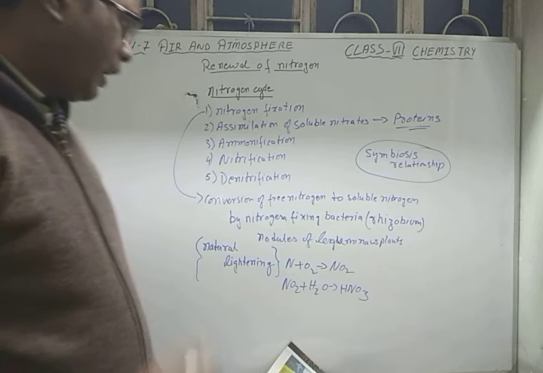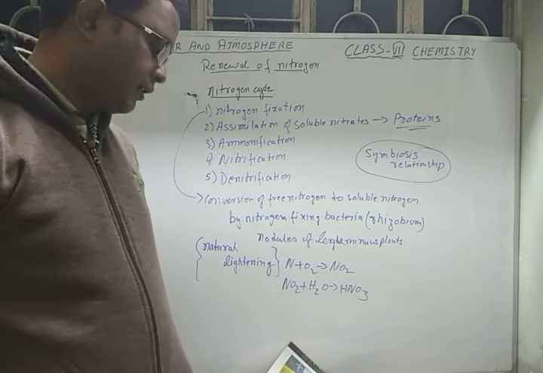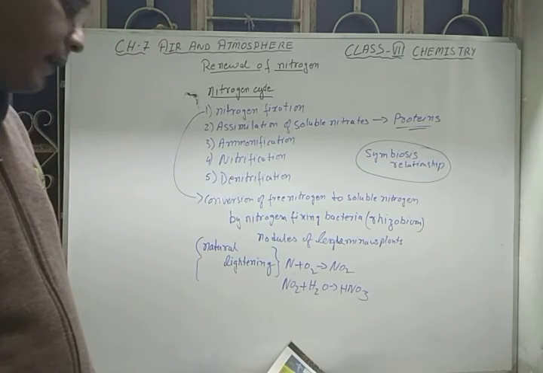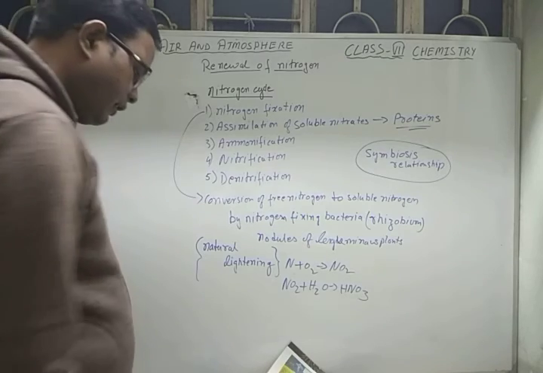After ammonification, the fourth point is nitrification. What is nitrification? A special type of bacteria is used, called nitrosomonas.